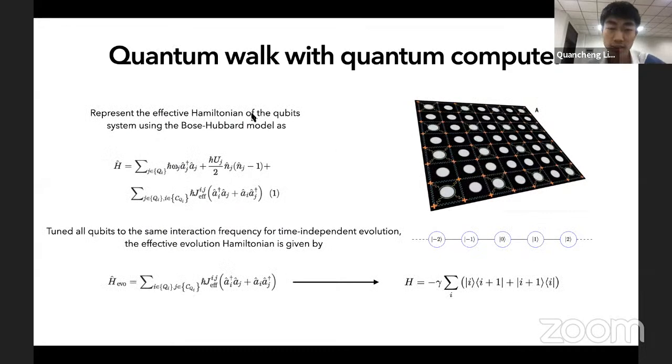The idea is that because this is a qubit system, and each one is a small qubit, coupled to its surroundings, and also this small thing is the control line. So this system can be effectively described by the Bose-Hubbard model.